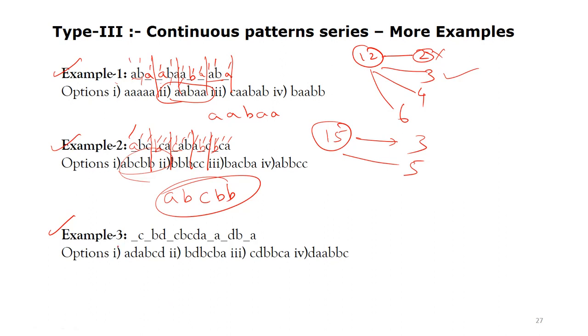Next, third example. So 1, 2, 3, 4, 5, 6, 7, 8, 9, 10, 11, 12, 13, 14, 15, 16, 17, 18. So 18, I can go with 2, 3, 6, 9.